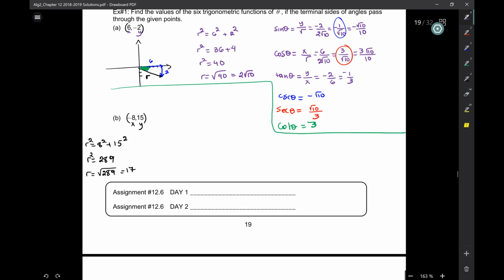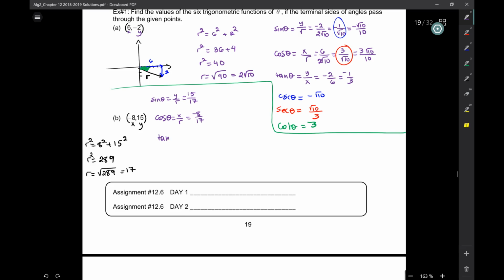So now, here's what I'm going to do. I could do it with no calculator with the 1 on top. Sine of theta is going to be y over r, 15 over 17. Cosine of theta, x over r, negative 8 over 17. No diagram needed.